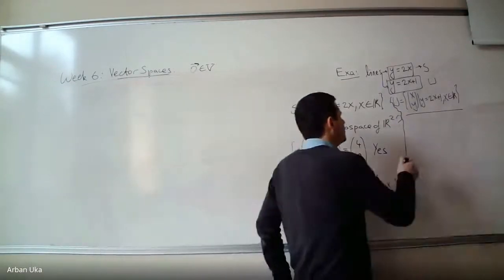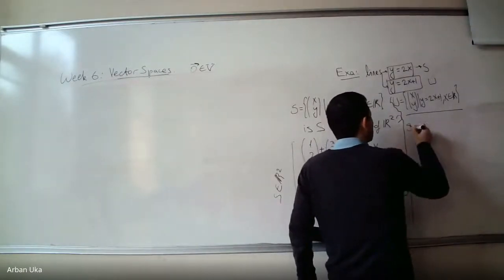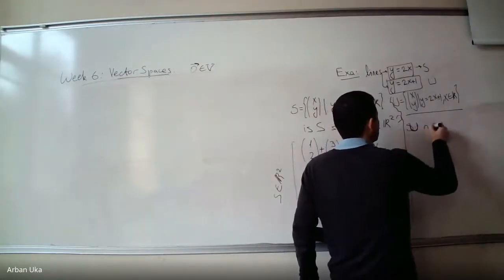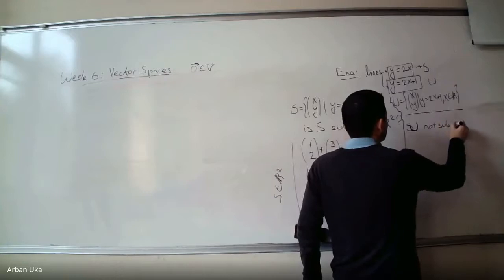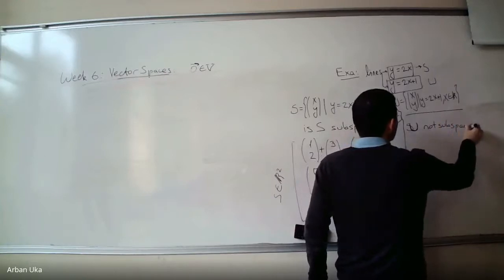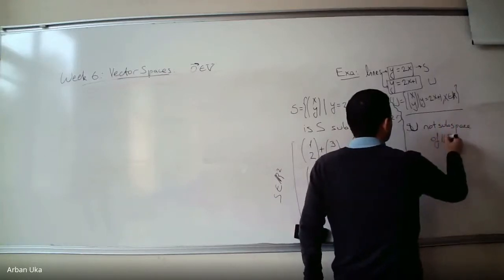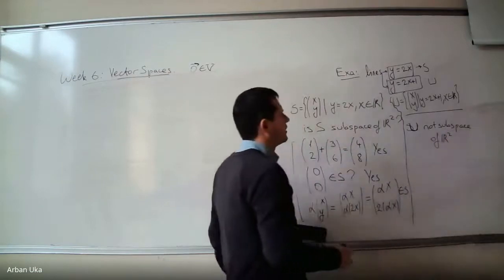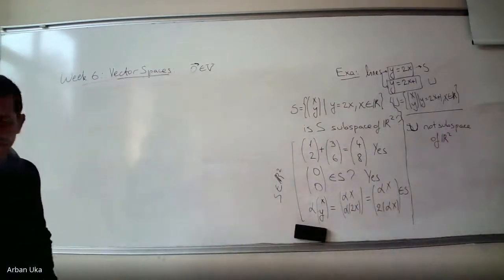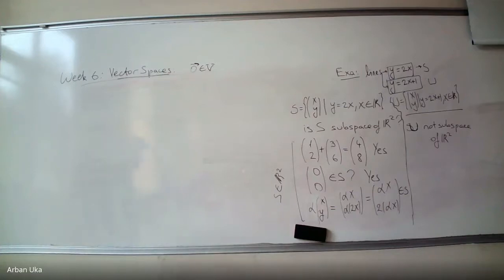So we say that U is not a subspace of R squared. Simply, but you need to explain it. So you have to say that this line does not pass through the zero, this line does not include the 0 point, and as such, we cannot even find a negative vector v, so that when we add the vector v with the negative, we'll get the 0 vector.